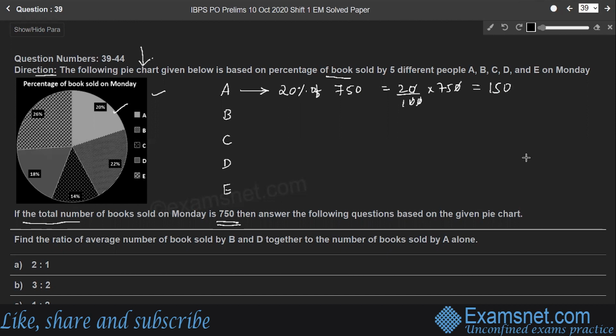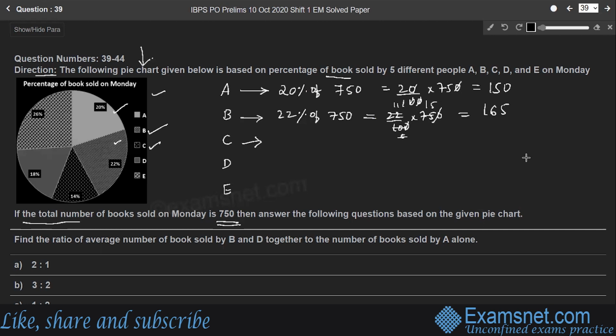There are 150 books sold by A. And the number of books sold by B: B's part is this shaded part. It is 22% of 750, which is 22 by 100 into 750. So which is 2 into 11 and 5 into 15, which is 165. 165 books sold by person B.